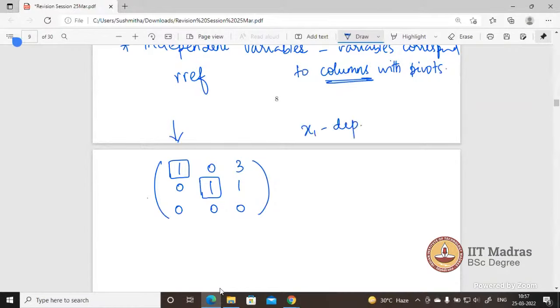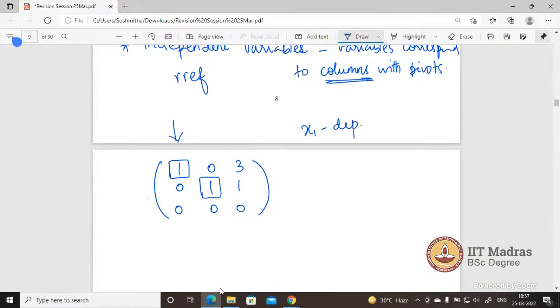What have you written above, ma'am? But the pivot itself is taken in reference to the row only. Yeah, you take pivots for the rows, meaning you take the leading non-zero entry of each row, and then you consider column-wise. Let's get back to the statement. It is not taking reference to the row at all. That's why I was confused.